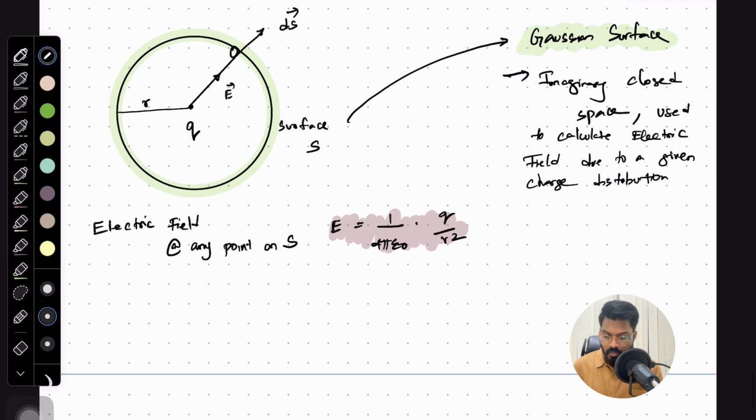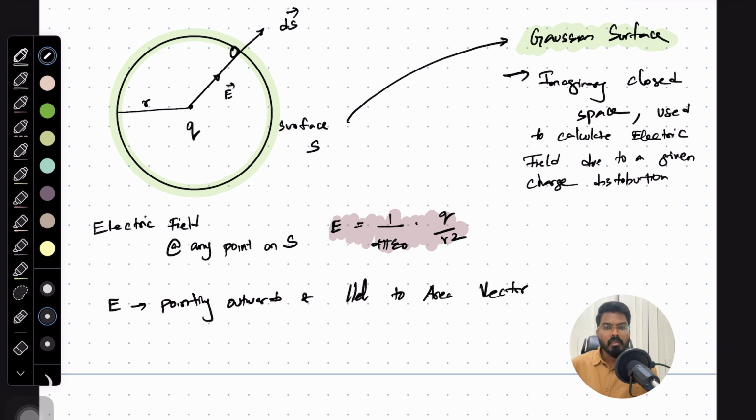If E is pointing outwards, as we saw, and parallel to the area vector at all the points, then theta becomes 0 degree.